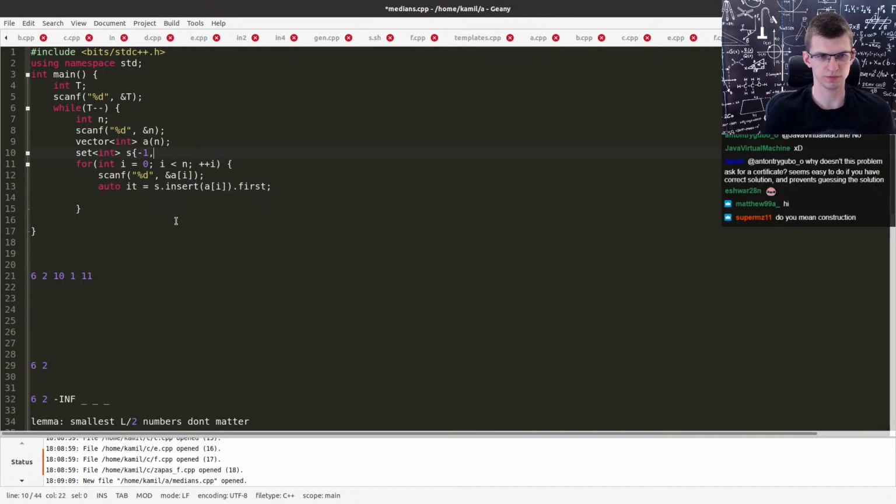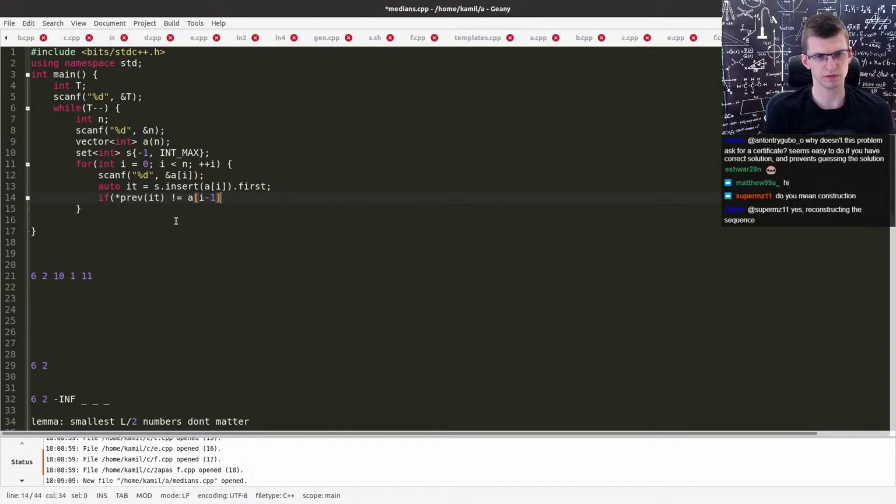Let's, for convenience, put here minus infinity and infinity. If not true, or if previous is different than a i minus 1, and next is different than that.